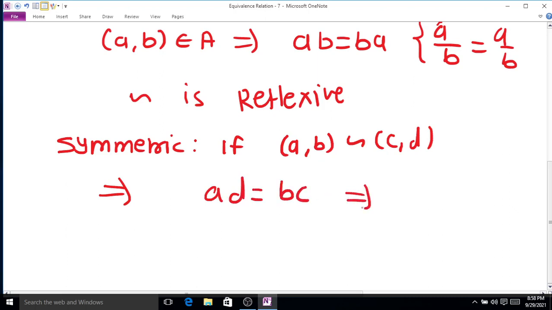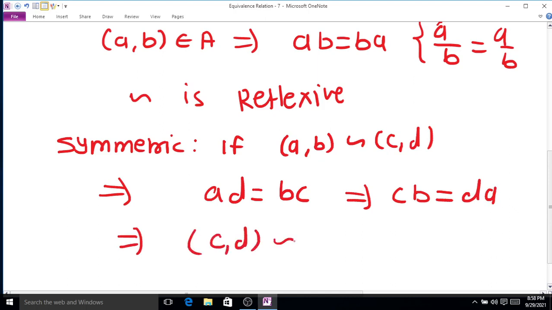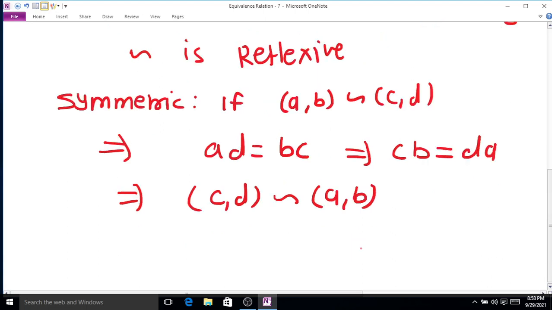Now we can write this as cb is equal to da, and this implies (c, d) is related to (a, b). So here, the given relation is symmetric.